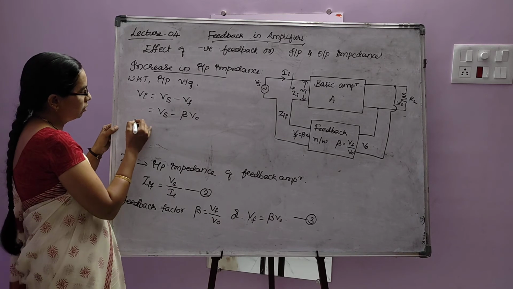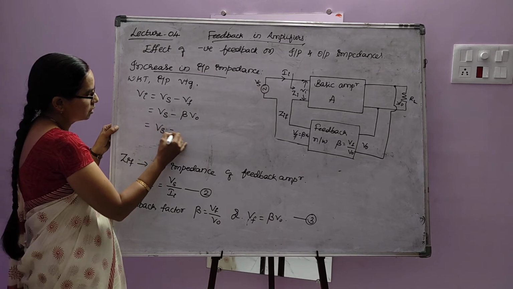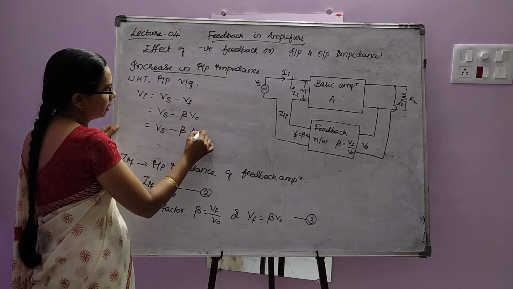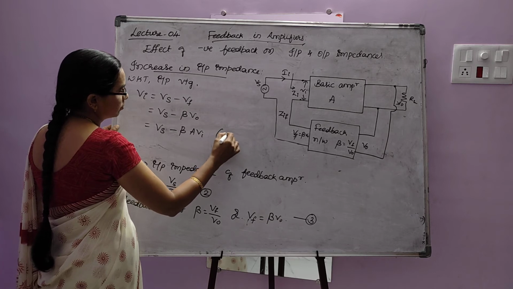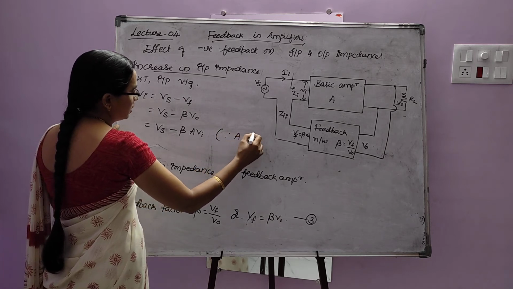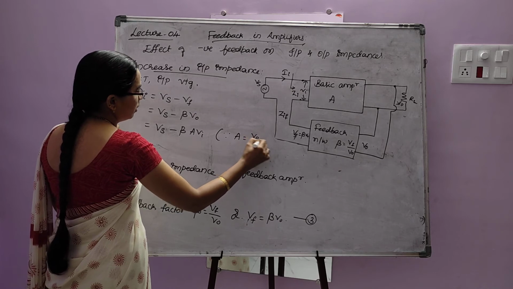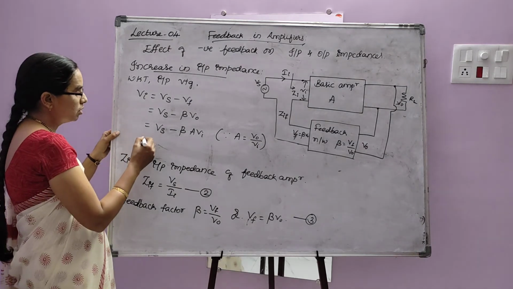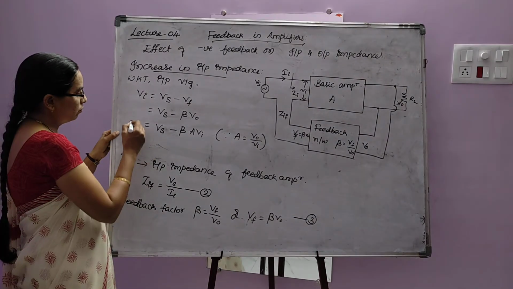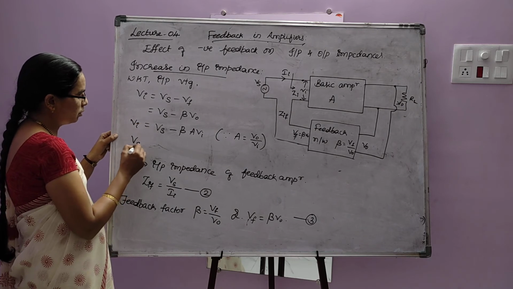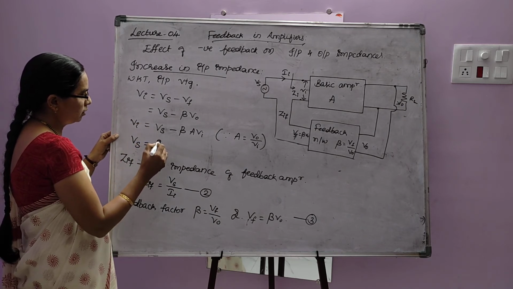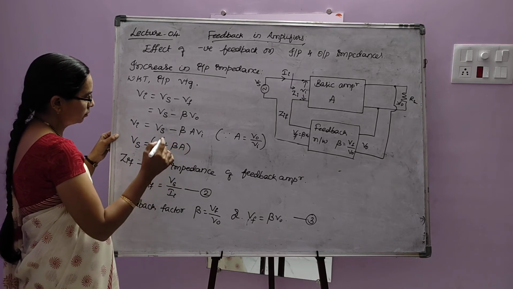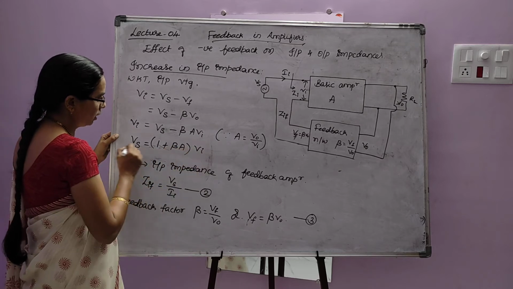So Vs minus beta into A Vi, since A is the gain, that is V0 by Vi, gain of the basic amplifier it is. So Vs can be written as 1 plus beta A into Vi.